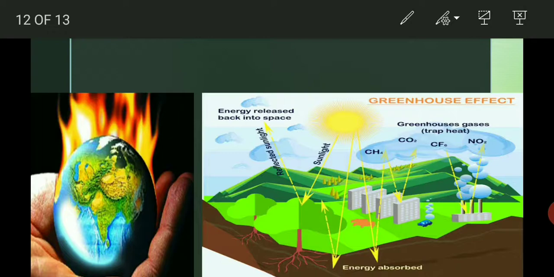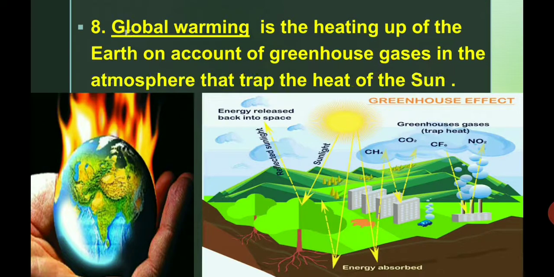Greenhouse gases trap heat, so our earth gets warmer and warmer, and in this way global warming happens. Energy is released back into space. Here is the reflection of sunlight, but here energy is absorbed.